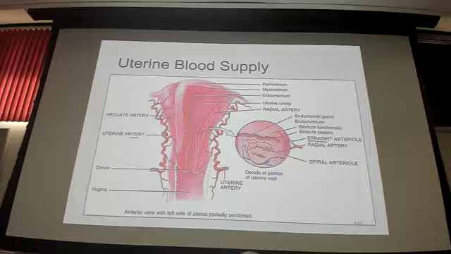And then these spiral arteries, and they're called spiral arteries because they're spiraling, and they go deep into the stratum functionalis. The stratum functionalis being the most exterior layer of the endometrium, right? Does that make sense to everybody? Okay.